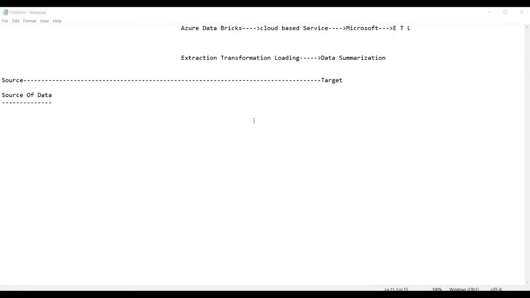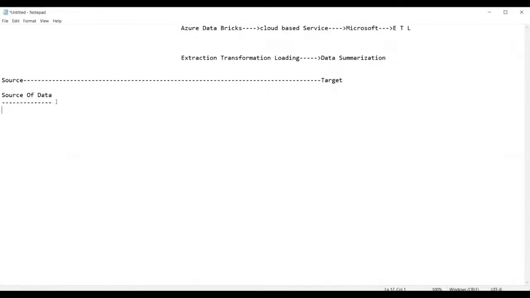Yes. So your house income and expenses you're going to write in an Excel sheet, but ultimately that is nothing but data.